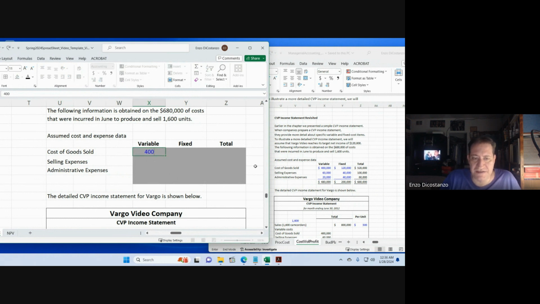You'll never see this in financial statements, but you'll see it in managerial accounting, where it's broken up into variable and fixed like this.